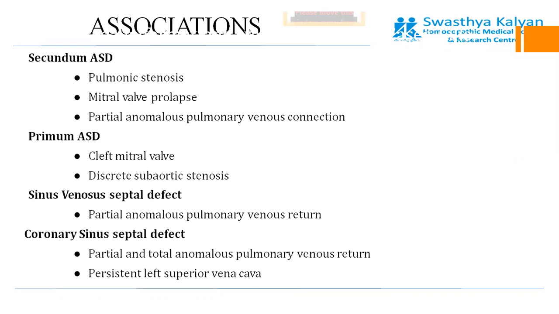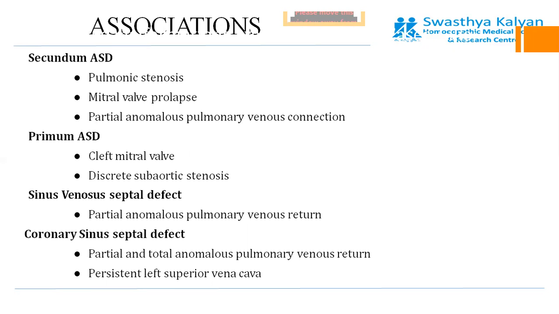Usually they are associated with certain other diseases. In the case of secundum ASD, they might be associated with pulmonic stenosis, mitral valve collapse, partial anomalies of pulmonary venous connection.